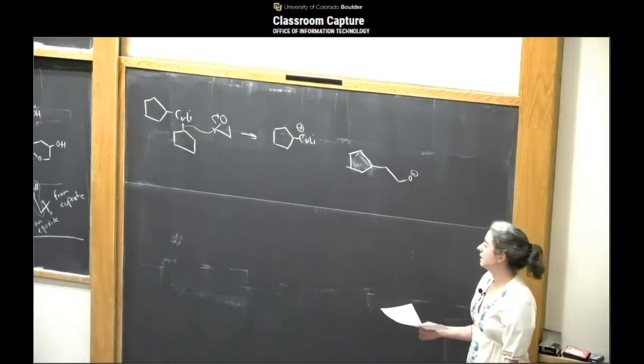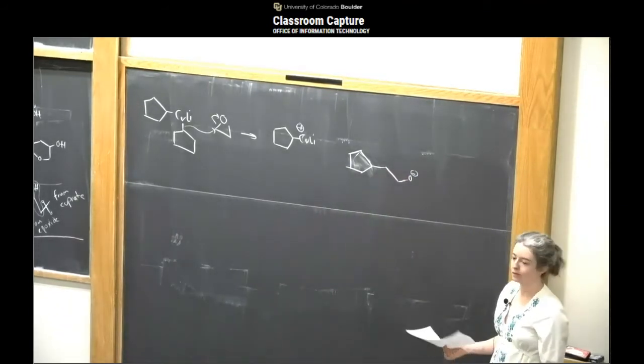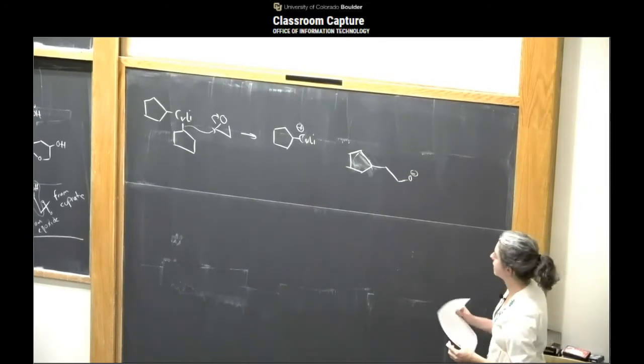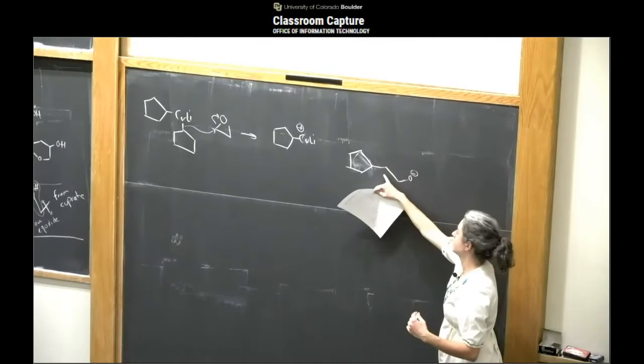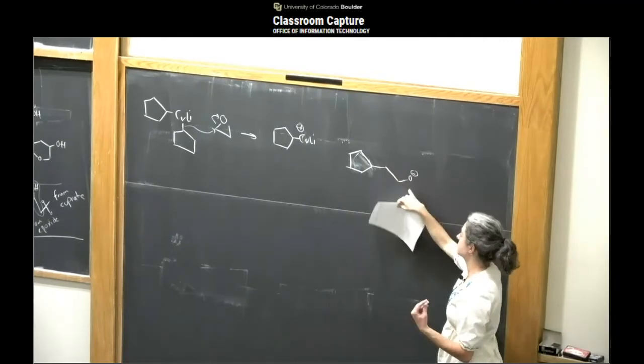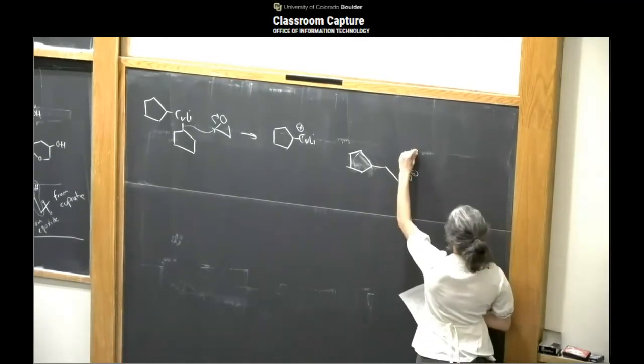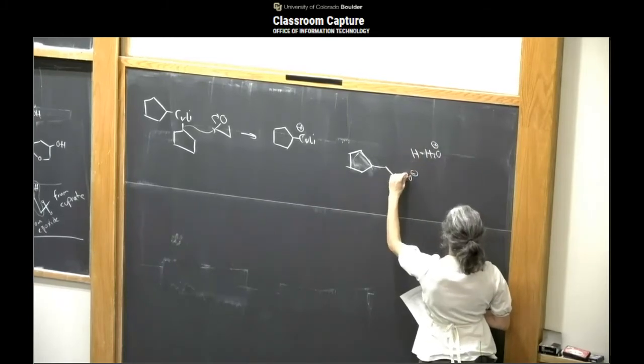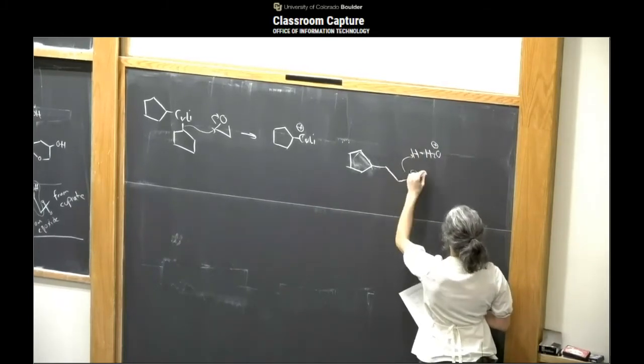Exactly, yeah. This one's deliberately set up so you don't have to worry about more versus less substituted. Okay, and then at this point it sits around with its extra carbon-carbon oxygen group on there that it's just added until you bring in water and acid together.